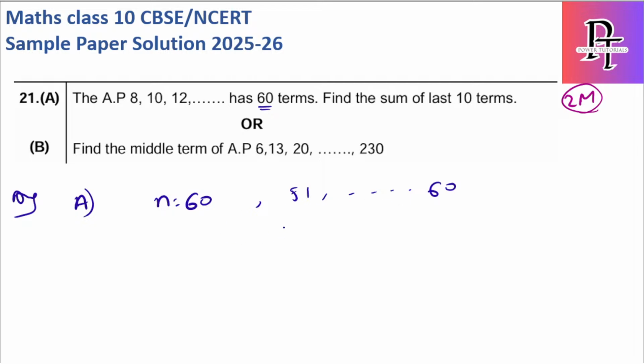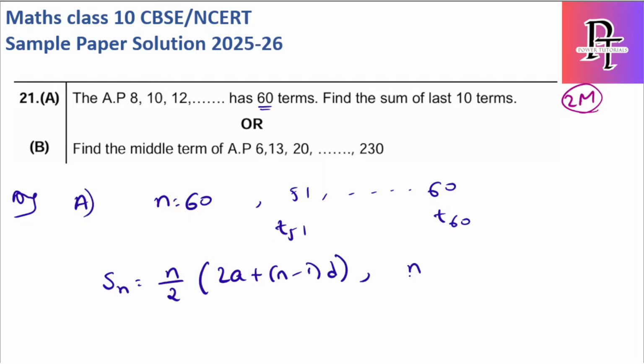So if I know the 51st term and the 60th term, then I can simply apply the second formula for Sn. For Sn we have two formulas: the first is n by 2 into 2a plus n minus 1 into d. The second formula is n by 2 into a plus l, where a is the first term and l is the last term.